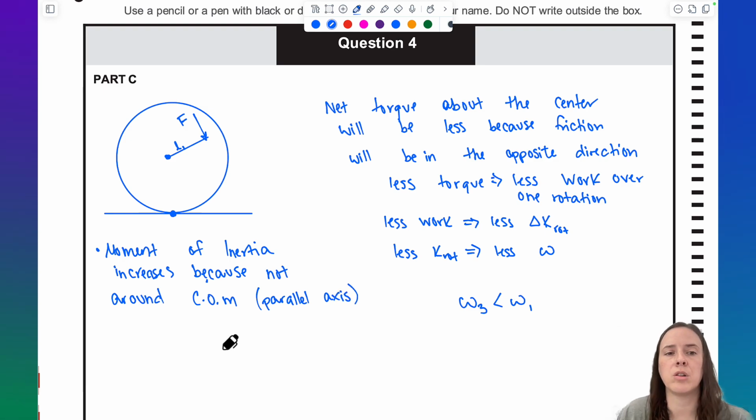So if your moment of inertia increases, then your angular acceleration is going to decrease, keeping everything else the same. So larger moment of inertia, less kinetic energy, less omega.